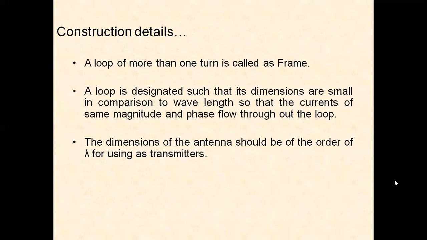Thus, the loop is surrounded by a magnetic field everywhere. Perpendicular to the loop, the directional pattern is independent of the exact shape of the loop and is identical to that of an elementary doublet. Since the dimension of the antenna is of the order of lambda, we have currents of the same magnitude and phase flowing.